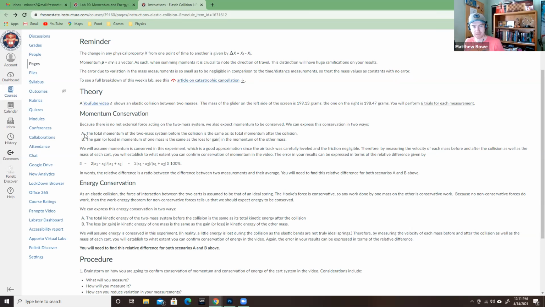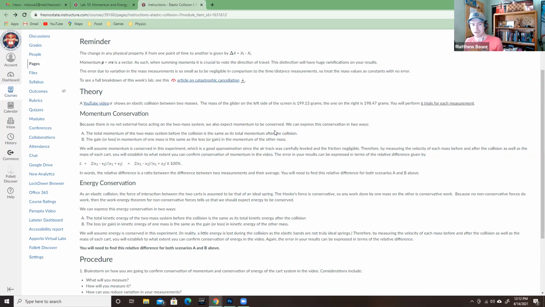We're going to arrange them as case A right here and case B right here. So how are we going to compare the momentum before versus the momentum after the collision? In case A, we can look at the total momentum of the 2 mass system before the collision and the total momentum after.